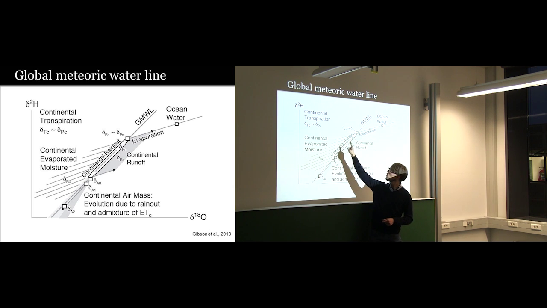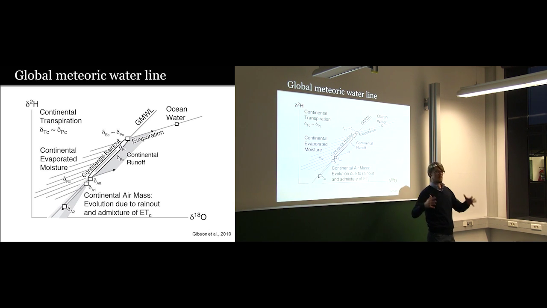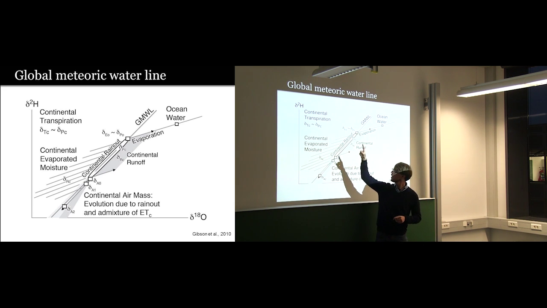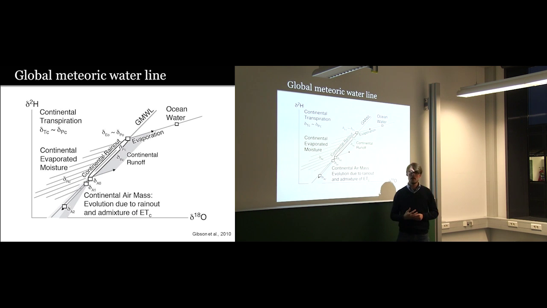The same is true for continental transpiration. If you think about the Amazon area, you have a lot of plants, the rain is falling, and as it falls through the lower atmospheric levels, this is taken up by the plants through transpiration processes, and then it changes the original isotopic composition following the global meteoric water line.